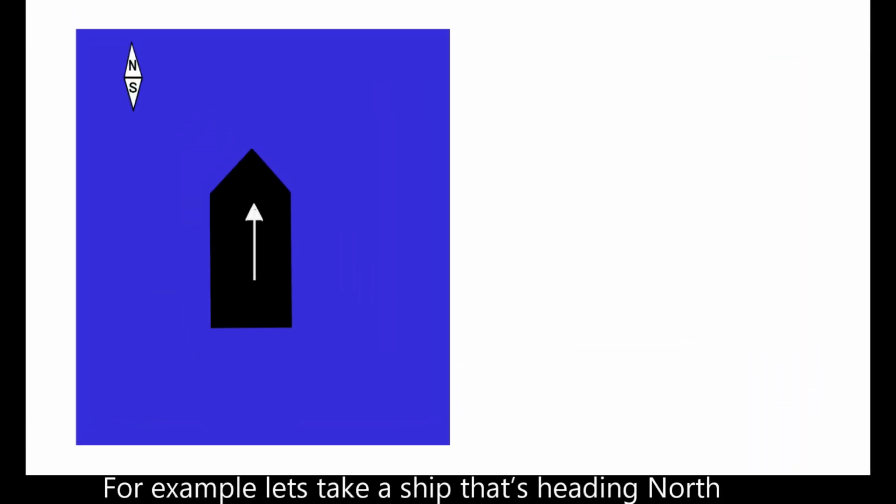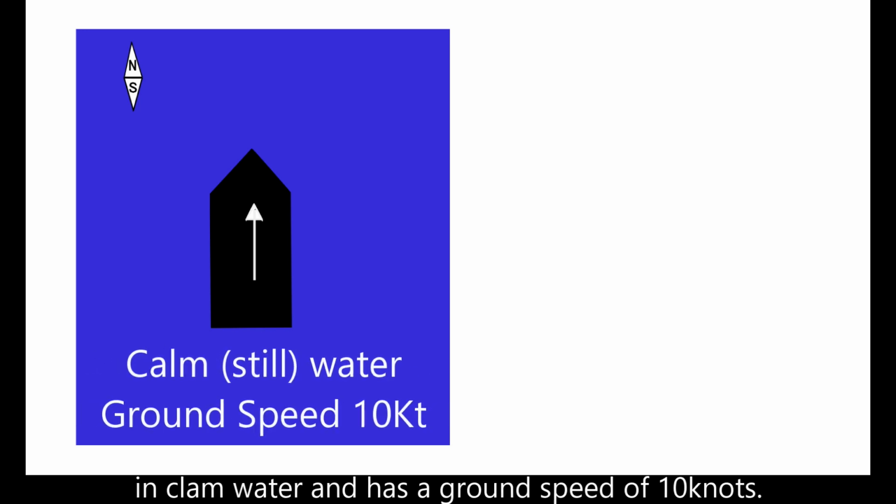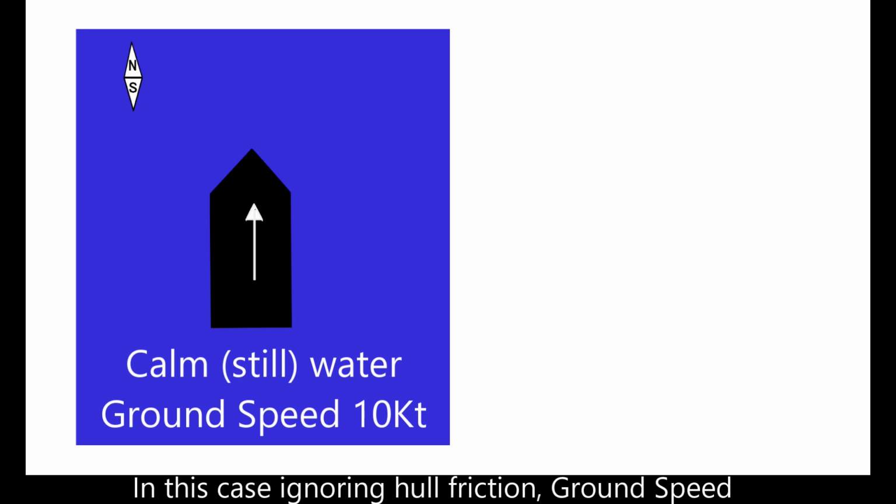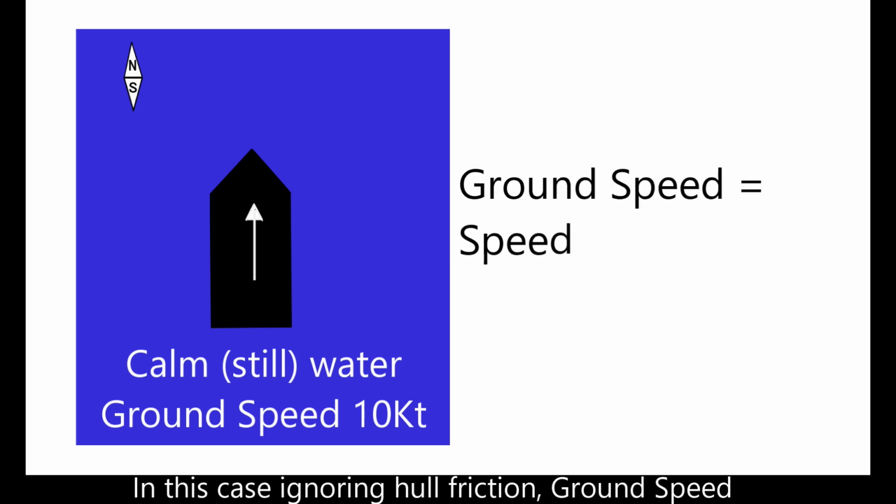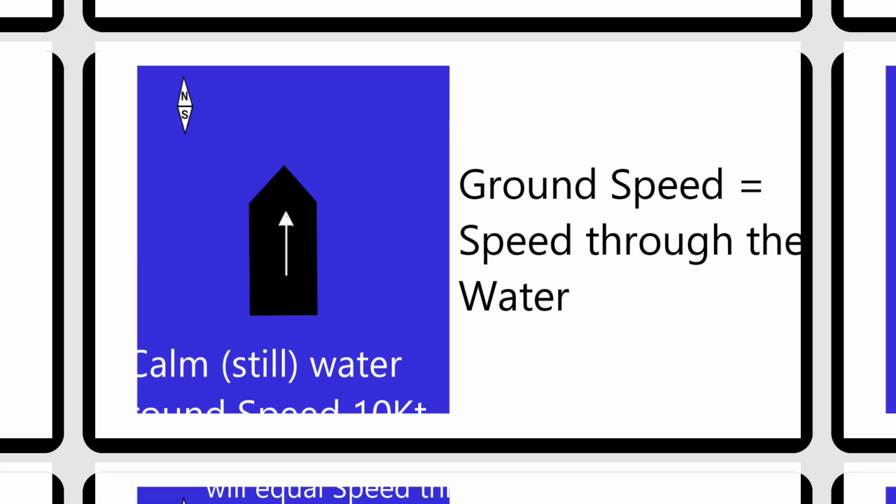For example, let's take a ship that's heading north in calm water and has a ground speed of 10 knots. In this case, ignoring hull friction, ground speed will equal speed through the water.